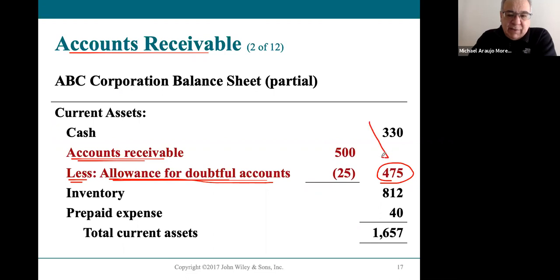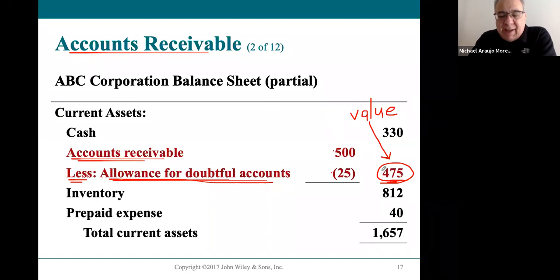This particular difference is the $500 of receivables in this company minus the $25 allowance, which means that they have valued, this is the actual value on the books, remember, it's an asset, it's going to have a value, so the value of the receivables is $475.